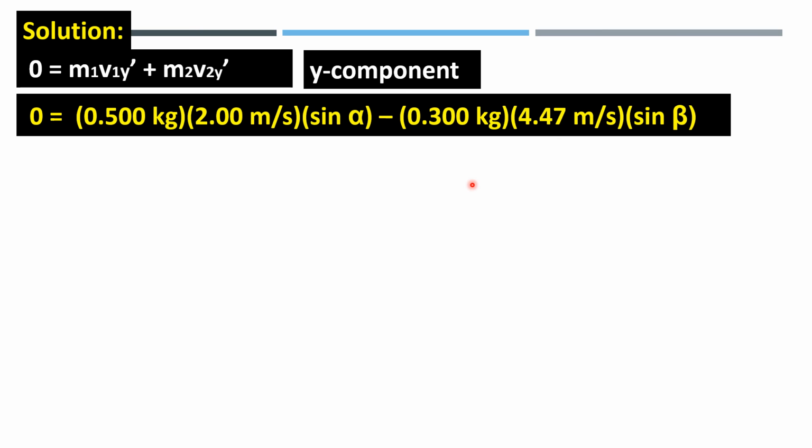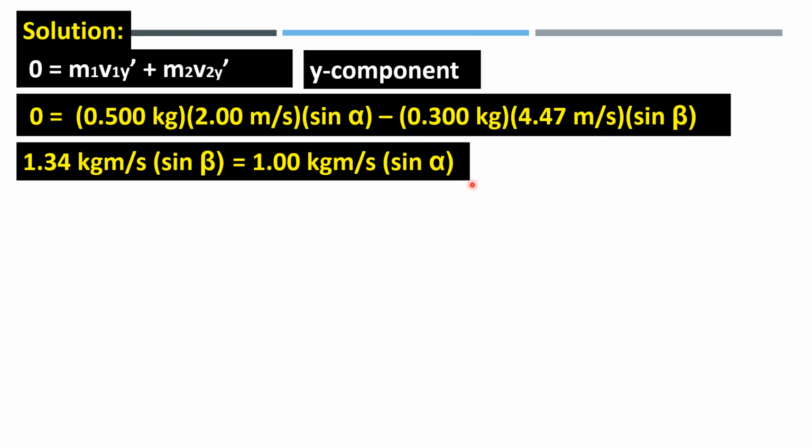And to proceed, we just isolate. Put this term here on the left side. And when we multiply 0.5 by 2, that's written down here on the right side. 0.5 times 2 is 1 kilogram meter per second, and of course, you put down the sine alpha.